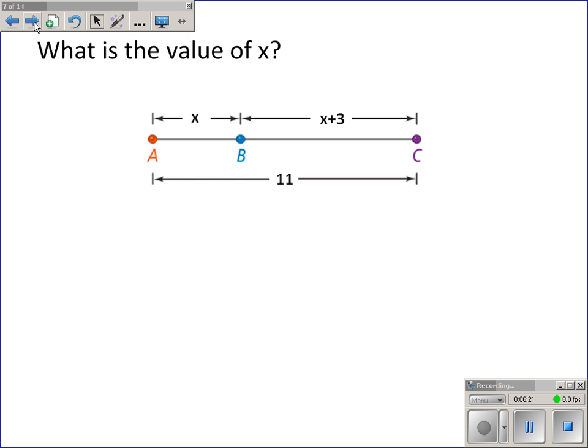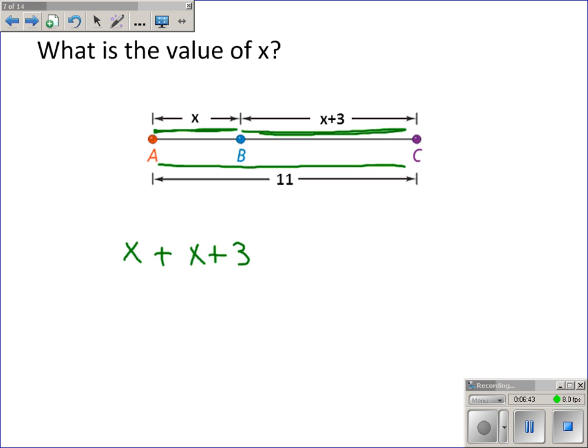What is the value of x? Now I'll be creating an equation and then solving it. The sum of this part plus this part is equal to the whole. That's what the segment addition postulate tells us. And so x plus 3, this part plus this part, is equal to the whole.